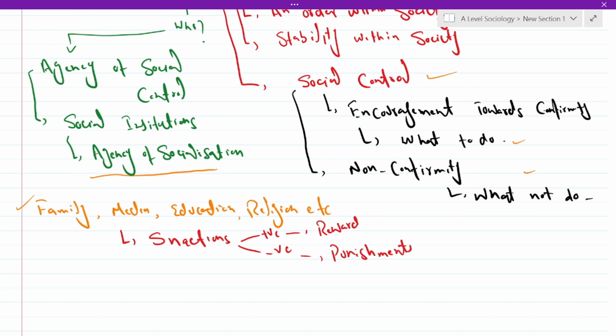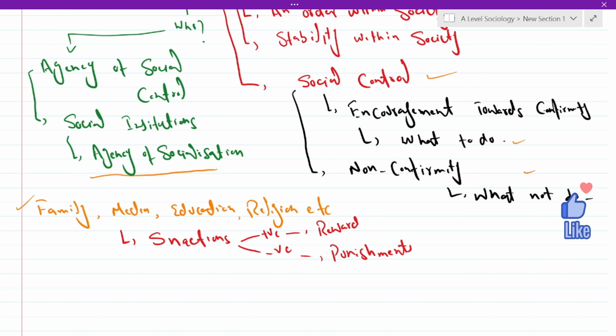They want you to repeat your behavior or to at least get that particular target. They are going to motivate you through a positive sanction, through a reward. But on the other end, if you are creating a mess inside your home, you will be reprimanded by your parents. That is called a negative sanction.